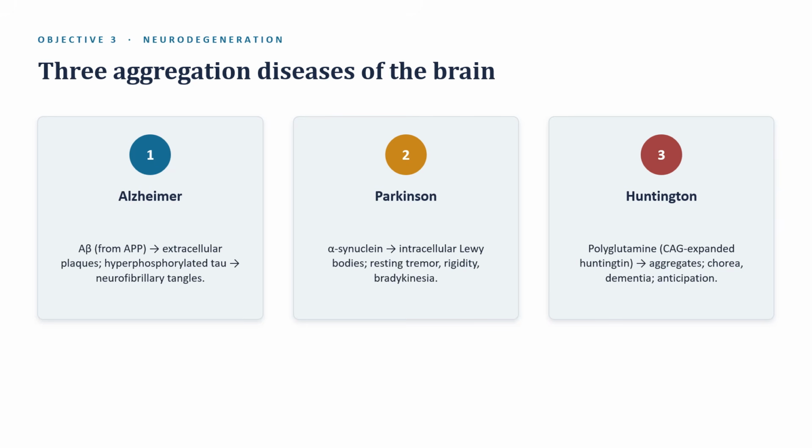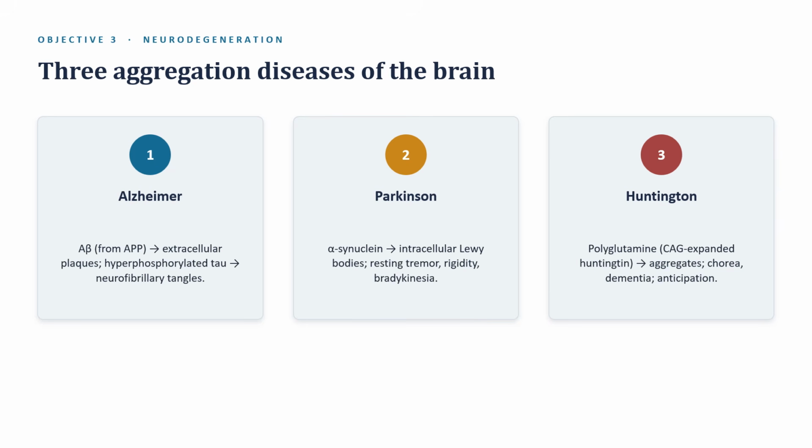In Parkinson's, the culprit is alpha-synuclein, which aggregates into intracellular Lewy bodies, producing the classic resting tremor, rigidity, and bradykinesia. In Huntington's, an expanded polyglutamine tract in the huntingtin protein, the result of a CAG trinucleotide repeat, drives aggregation, giving chorea and dementia.